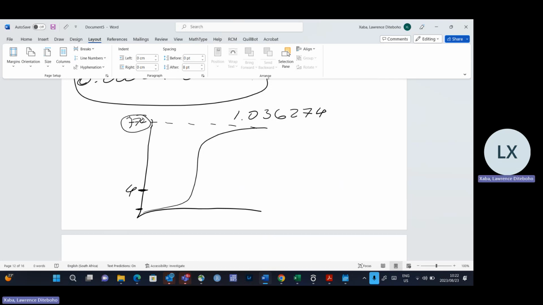It will grow and grow and keep on infecting our chickens up to here where there's a limit. It won't grow further than this, it can only grow up to this limit. So that's your logistic growth, the limited growth.